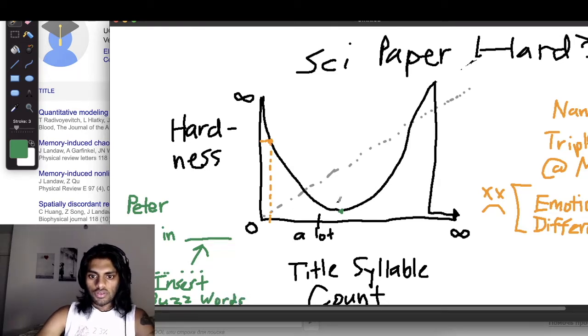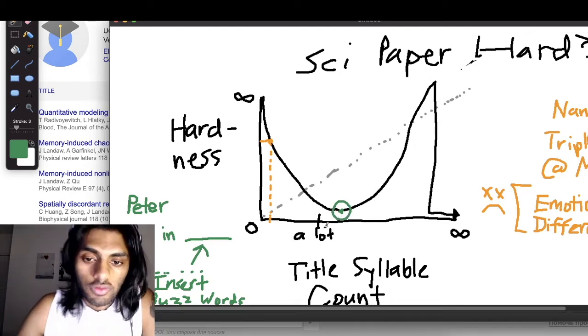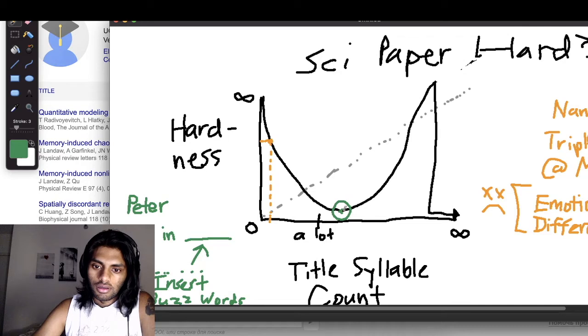The reality of the situation, this particular part of the curve, is that there's nothing happening here. This is easy as fuck. You know what comes in here?